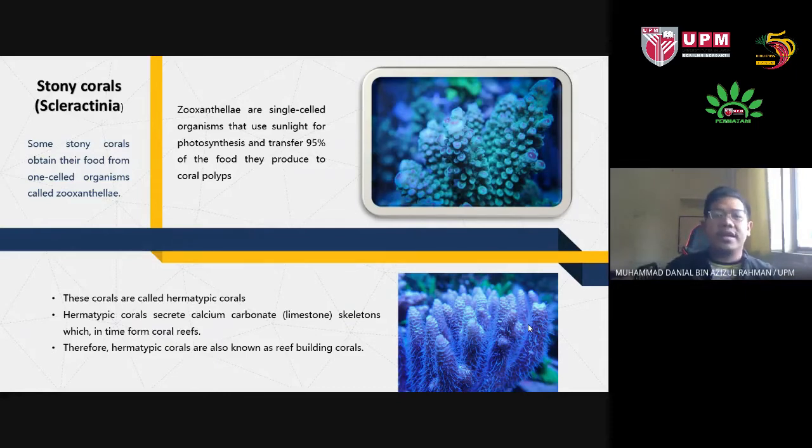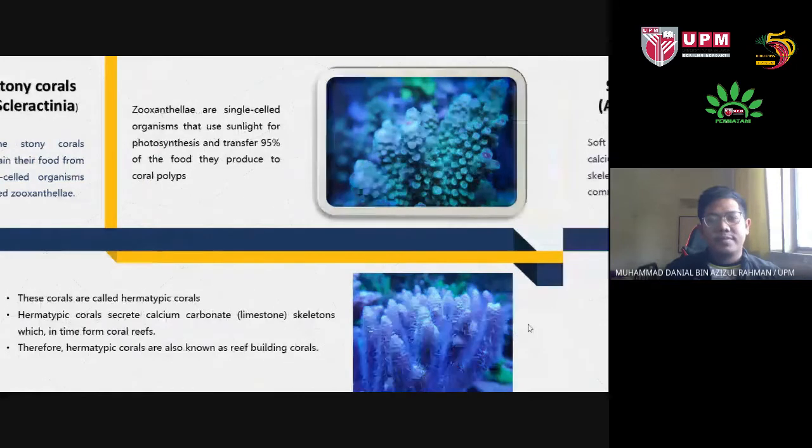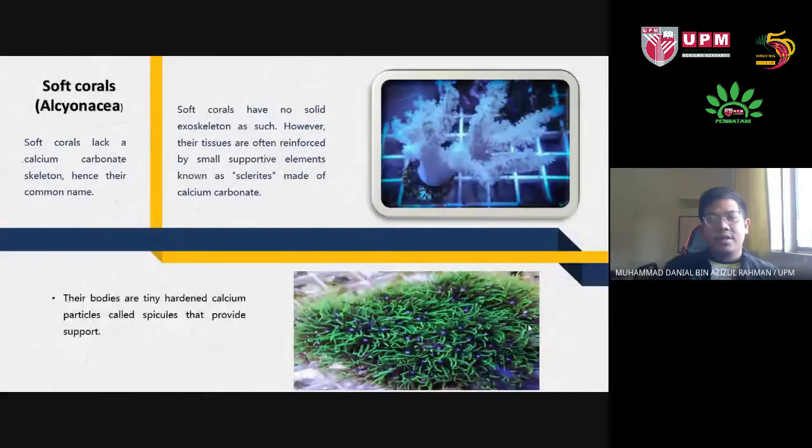So in our next slide, now we're going to talk about soft coral. Just now we talked about stony coral, a reef building coral that builds our reef. In Australia, have you heard about the Great Barrier Reef?